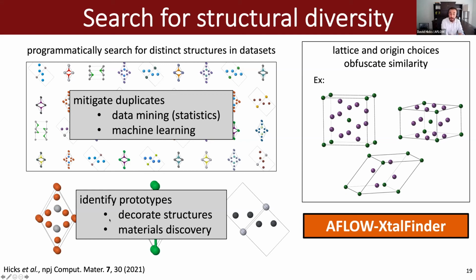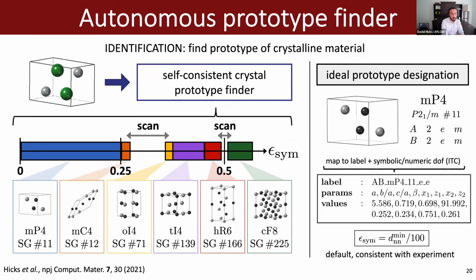And it can also identify or classify the prototype of an arbitrary structure. So what I mean by this is you can take any coordinate model geometry file that you have, and again, using the self-consistent symmetry that I've shown, it can determine essentially this prototype label that I discussed before.